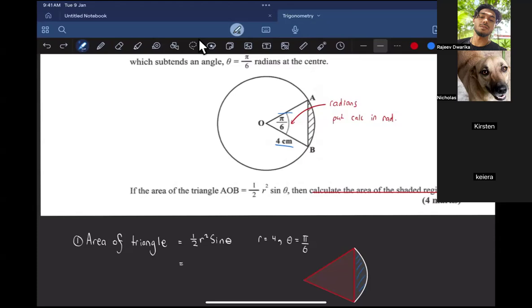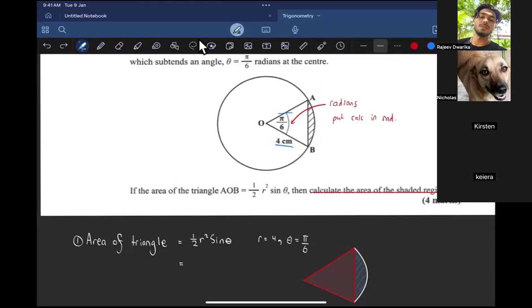Right now your calculator is in degrees because I see a D. It's supposed to be R. Yes, Kirsten, just tell me if you end up on radians.